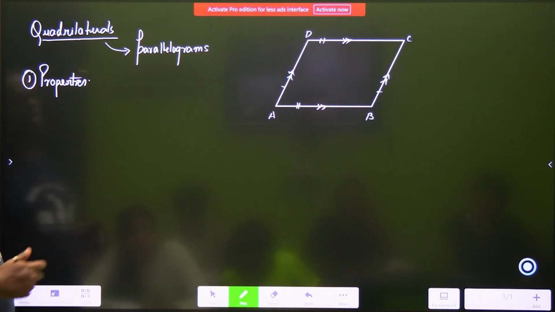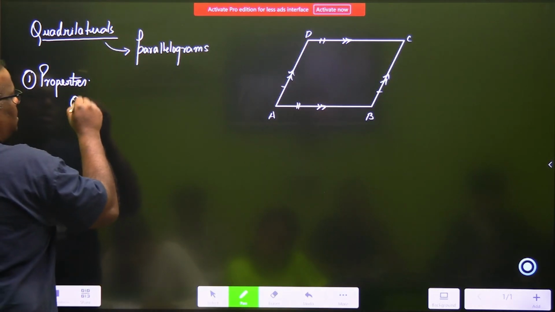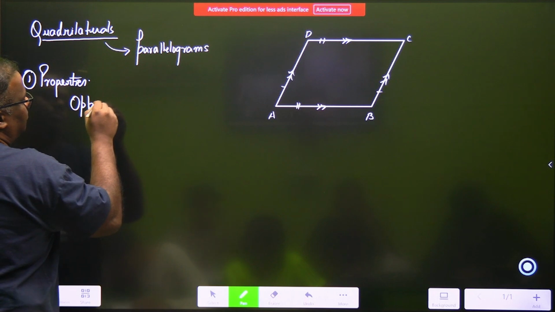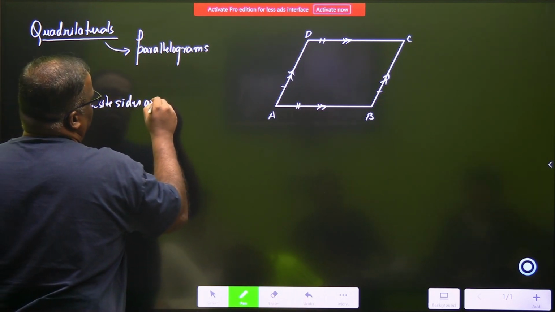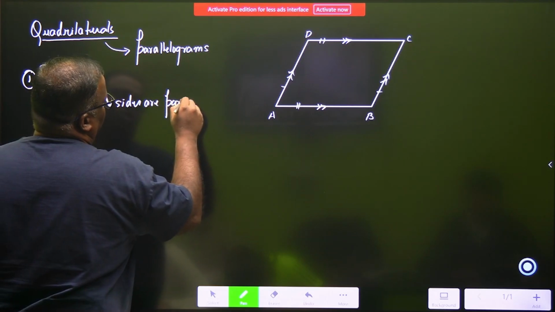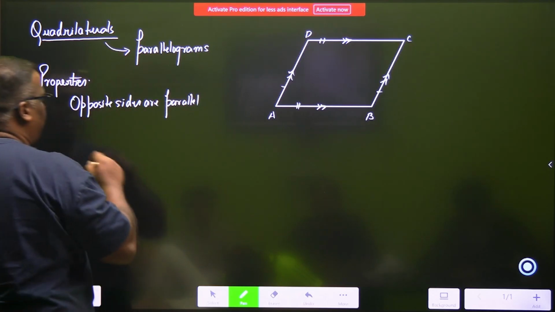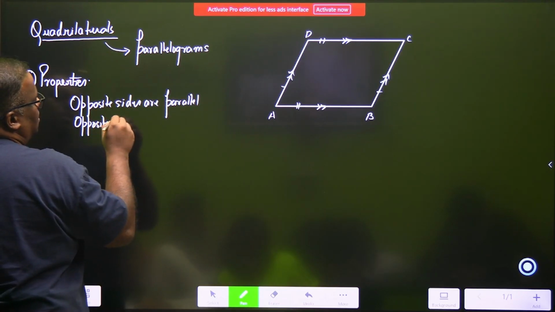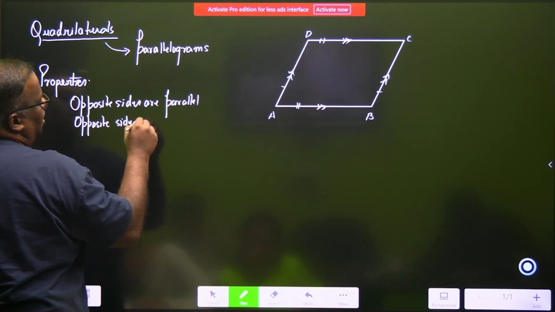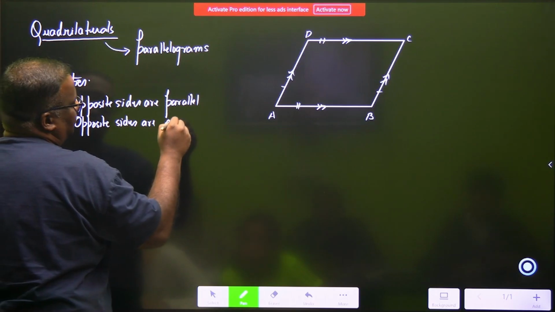The first thing, and I'm going to write everything: opposite sides are parallel, number 1. And I can also say that opposite sides are equal.